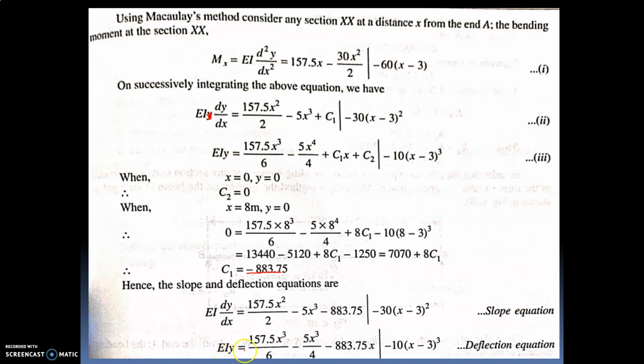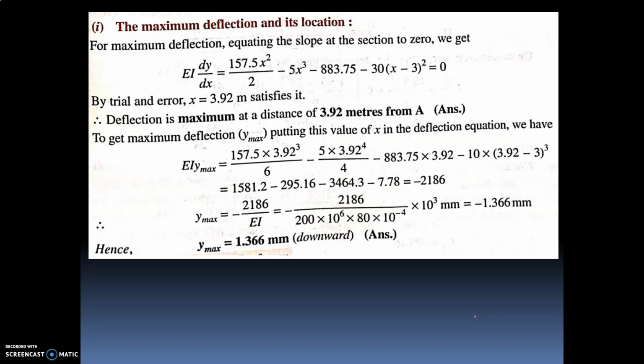So you get EIy equal to 157.5 x³ divided by 6 minus 5x⁴ divided by 4 plus C1 into x, C1 is 883.75x, plus C2, C2 is 0, minus 10 into (x − 3)³. This is the deflection equation.